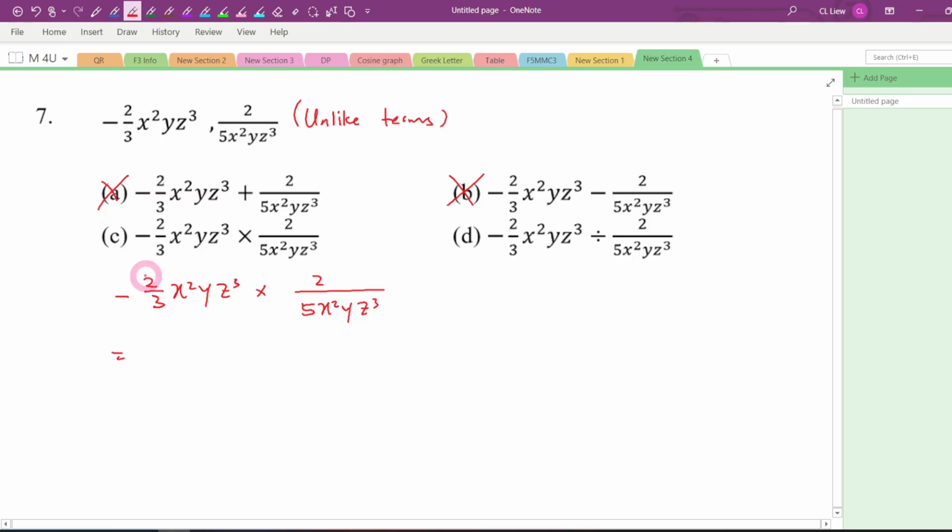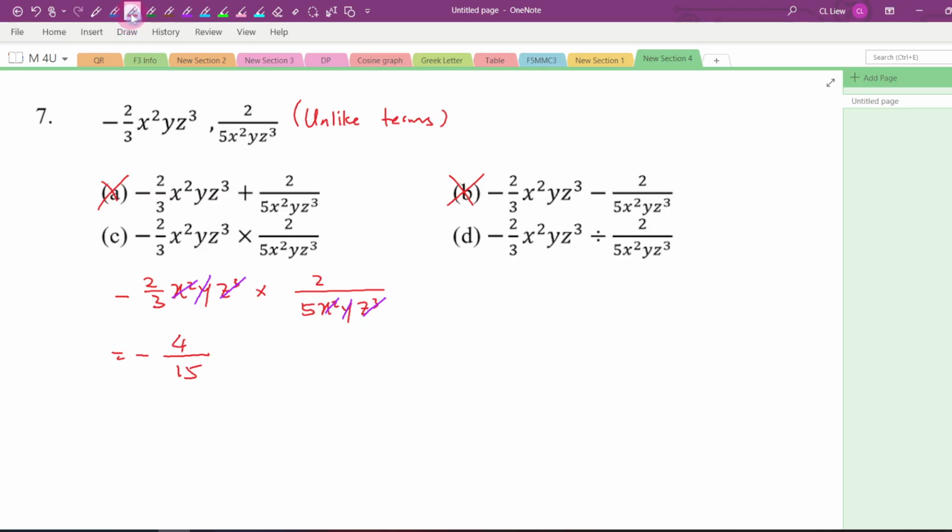Okay, so negative times positive, you get negative. 2 times 2, you will get 4. 3 times 5, 15. Now we can simplify that. x squared cancels out. This is also the same thing, and this is also the same thing. So eventually the answer is negative 4 over 15.